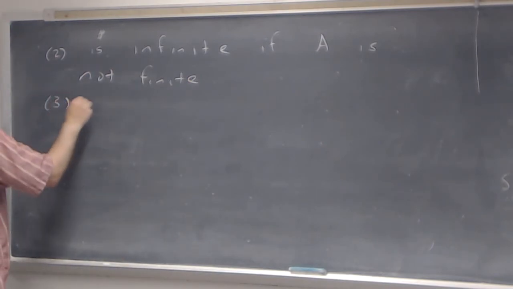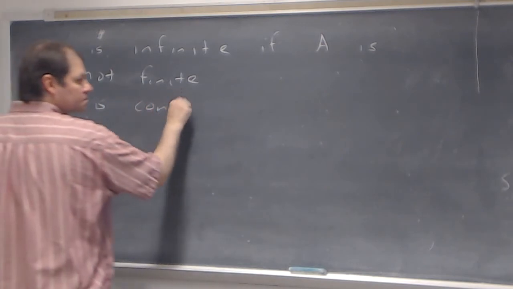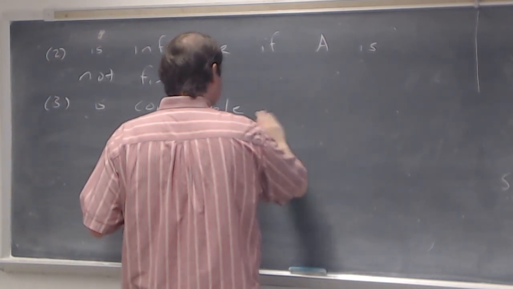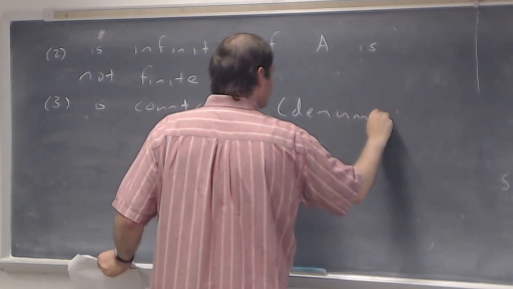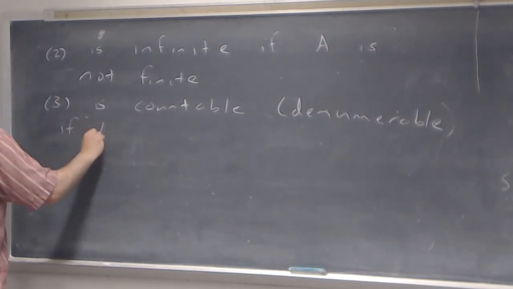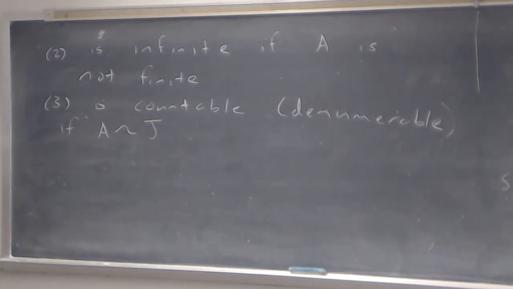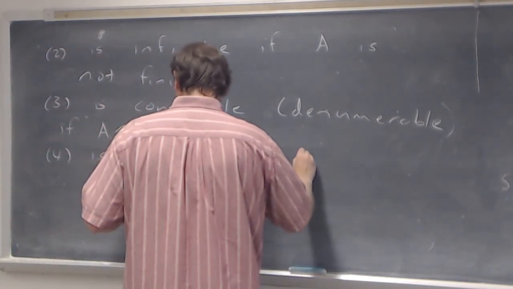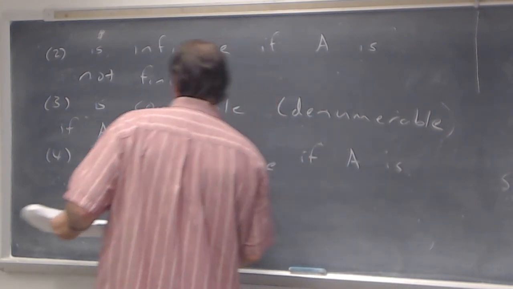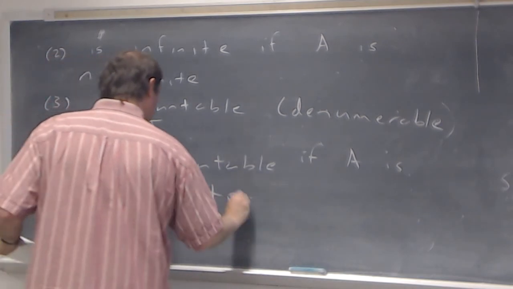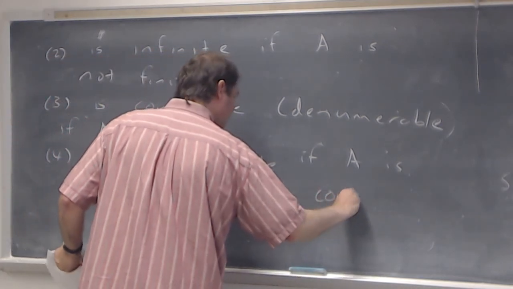Three, A is countable if, sometimes we say enumerable instead of countable, if A is equivalent to the set of natural numbers, to J. Four, A is uncountable if A is neither finite nor countable.